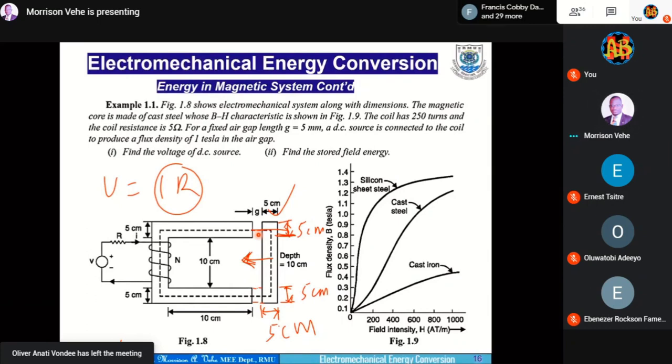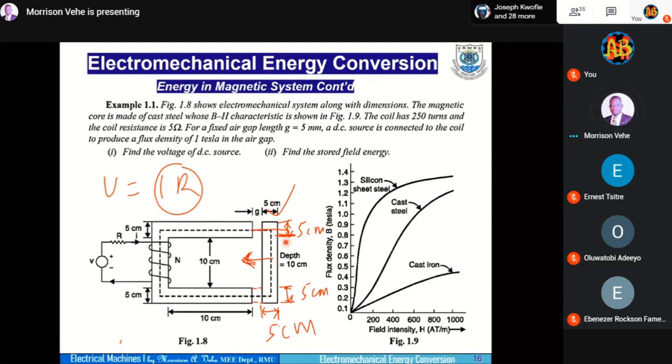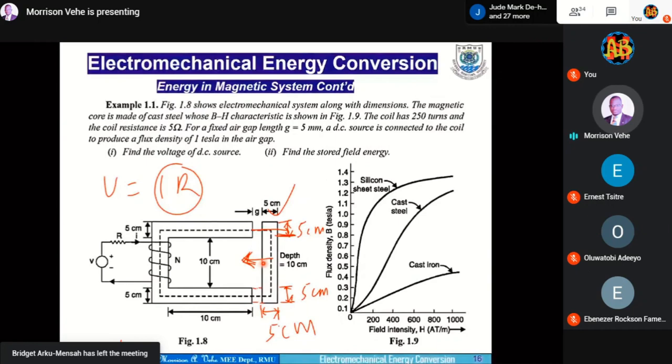But the question will it be in totality for this and this, or this 5 millimeters times 2? So that is one thing we also have to look at. But where the 2 is coming from basically is as a result of us having an air gap at the upper part and then the lower part. Okay, so we must factor that in.